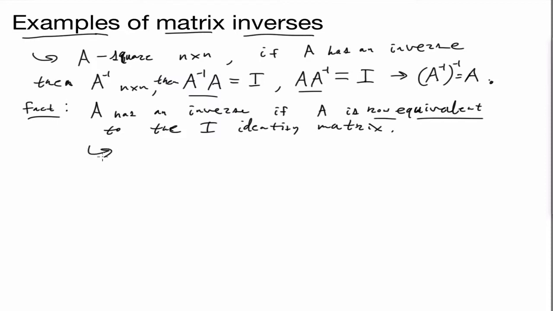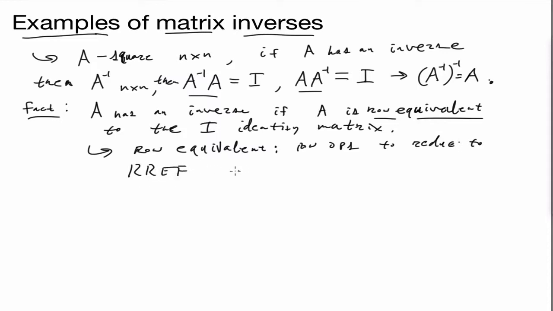Row equivalent means row operations to reduce to row echelon form lead to the identity matrix.